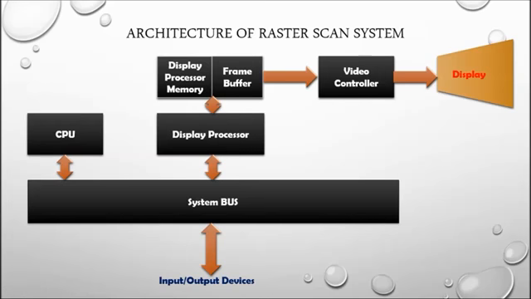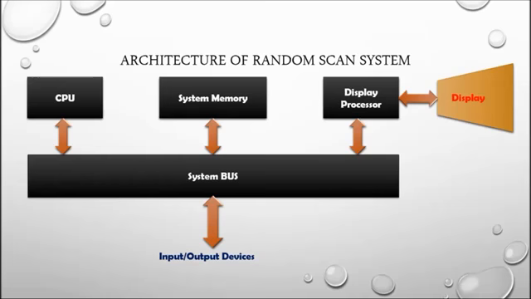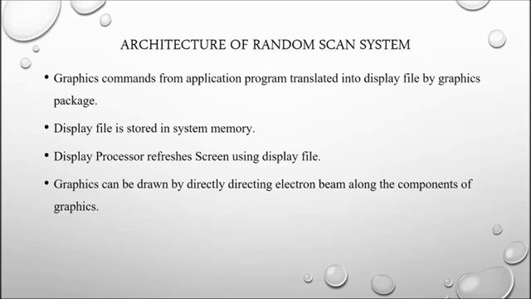Now with respect to raster scan, there are some changes in the random scan display. So we will see the changes in the random scan display. This is the architecture of a random scan display. Some parts are common like the CPU, system bus, and system memory, and here the display processor is available, which is connected to the display device. Now what is the change?